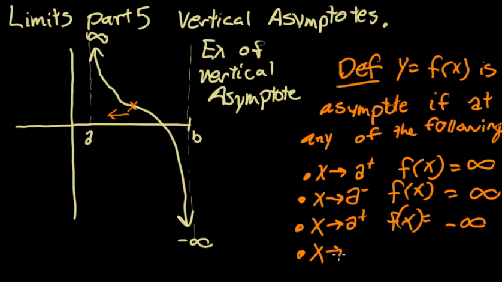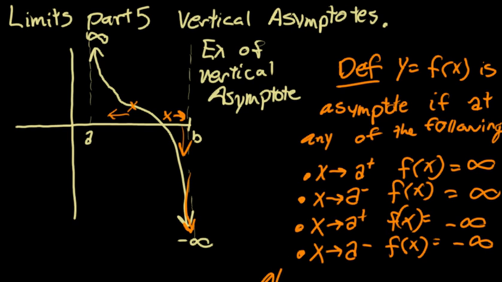Or as x approaches a from the left, f of x equals negative infinity, which is represented right here. Say we have x right here, it's to the left of this letter. B is representative of a here. I know it gets kind of confusing until you're more used to that notation. But x here is getting closer to b, but it's also getting closer to negative infinity.